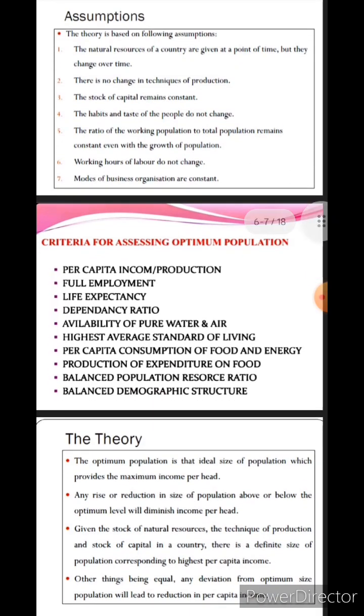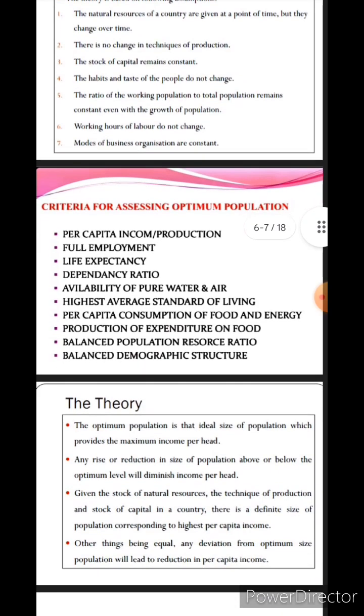And now we discuss the theory. The optimum population is that ideal size of population which provides the maximum income per head.